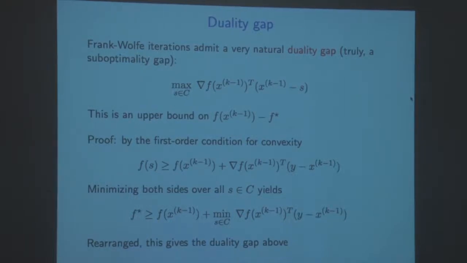So basically, remember our Frank-Wolfe problem is to do the following. Our updates are to compute the argmin of the gradient of f of x transpose s, over all s in the set. This is the problem we solve.